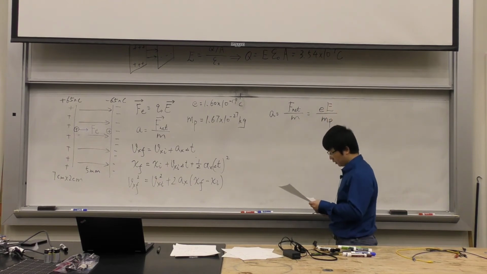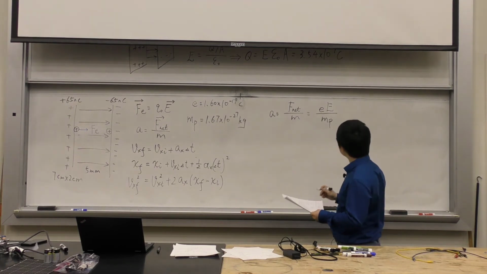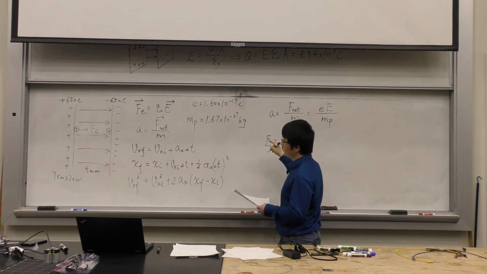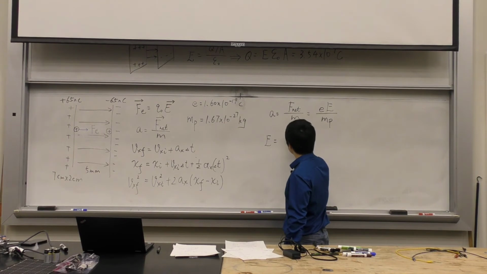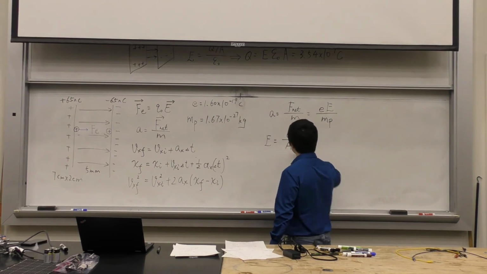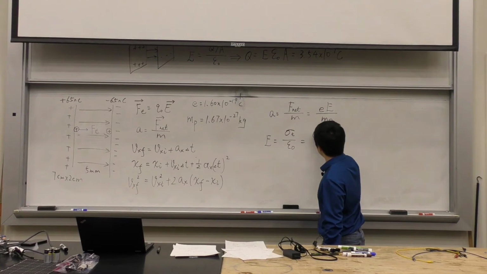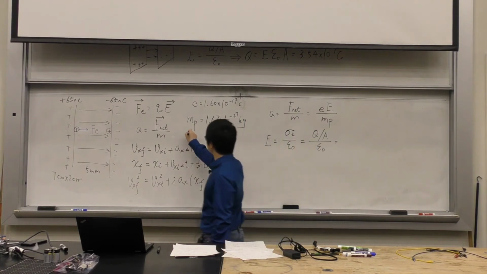For the proton, and then the electric field, you're going to use the theory for parallel plate capacitors. So it's going to be Q over A. Okay, no, it's going to be sigma over epsilon naught, and sigma is going to be charge over area, divided by epsilon naught. Epsilon naught is also a constant.